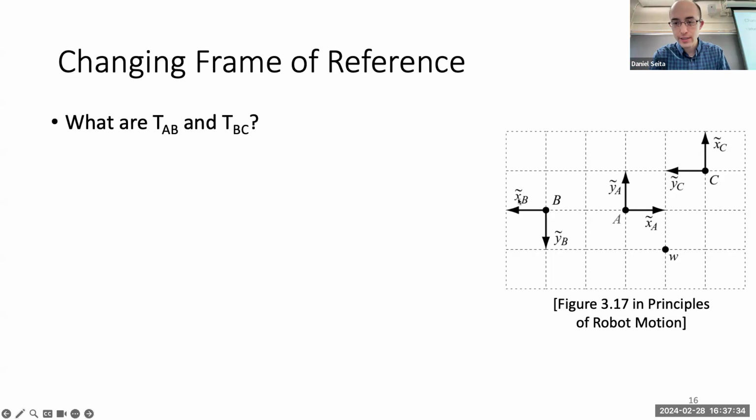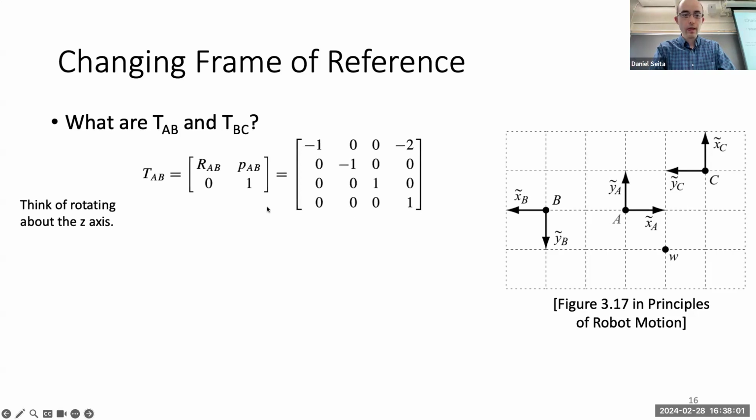What we have here is frame A, frame B, and frame C. Everything is in 2D, because in 3D it's harder to understand. 2D makes it a little easier to understand what things mean. You also have this point W, which is some point in 2D space.